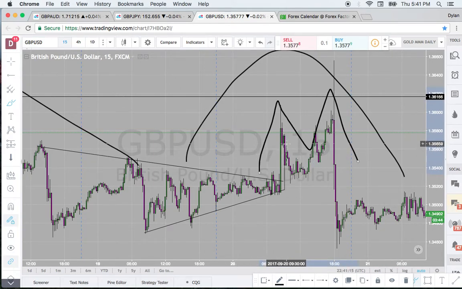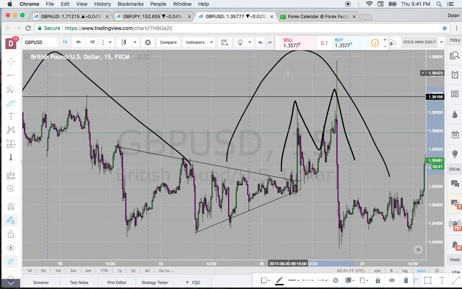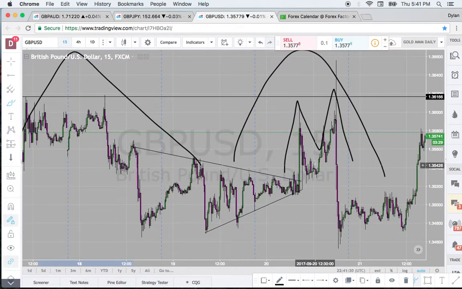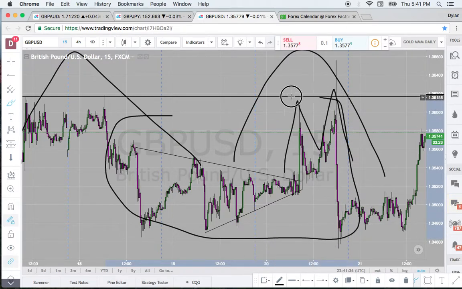And inside of that micro M, inside of all of this micro macro madness, is what we have as our signature trade right here. This right here is our signature trade, played out perfect.